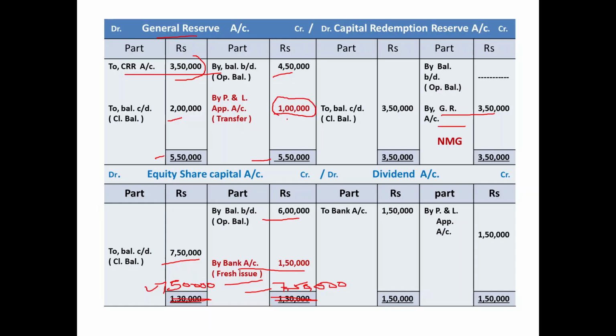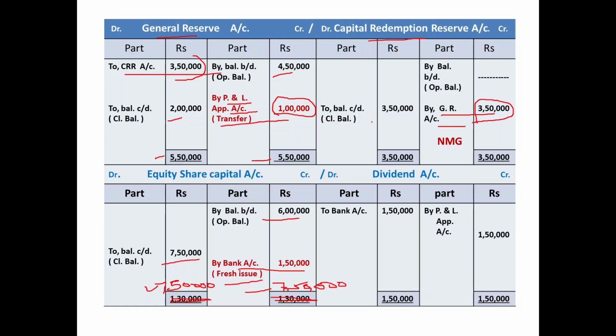What could it be? Apply the common accounting sense. It must be the current year's saving from profit and loss appropriation account. Profit and loss appropriation account debit, general reserve account credit. Current year's saving transfer from profit and loss appropriation account. Then CRR account. This is the posting from general reserve.